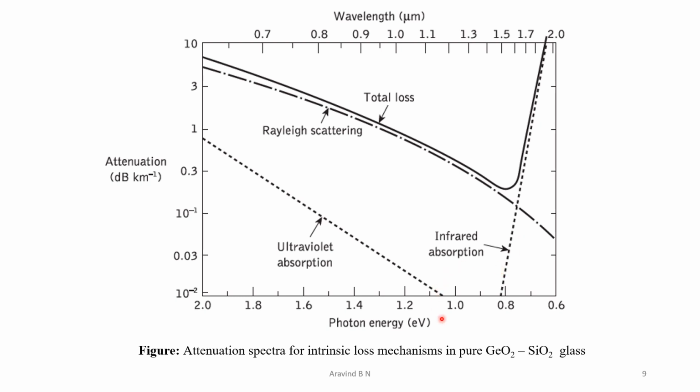And somewhere within this region, there will be almost no absorption. So only these two, the infrared and the ultraviolet, are considered with respect to this graph. One thing we have to observe is that this graph is determined by considering the oxide structures of silicon as well as germanium for optic fiber.